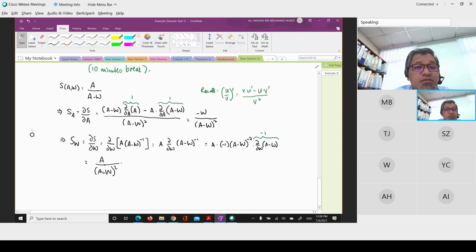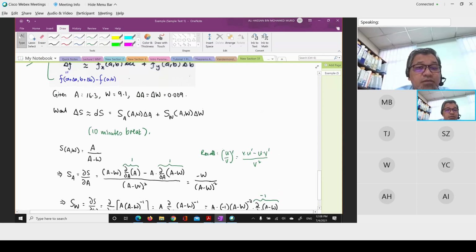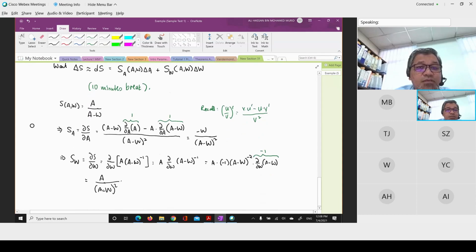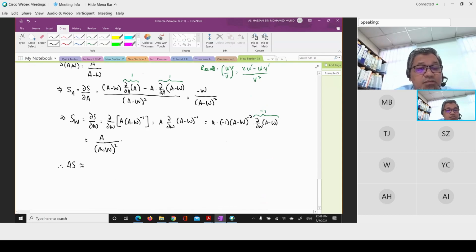So therefore, going back to that approximation formula, delta S is approximately, okay? Notice that here I'm using the approximation sign, so please use the appropriate sign.